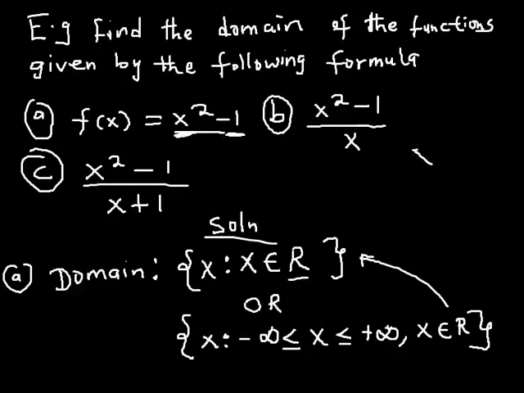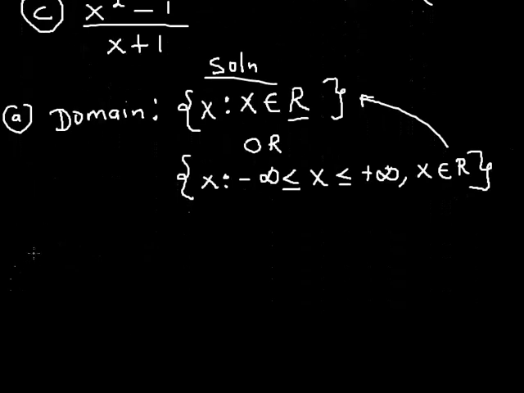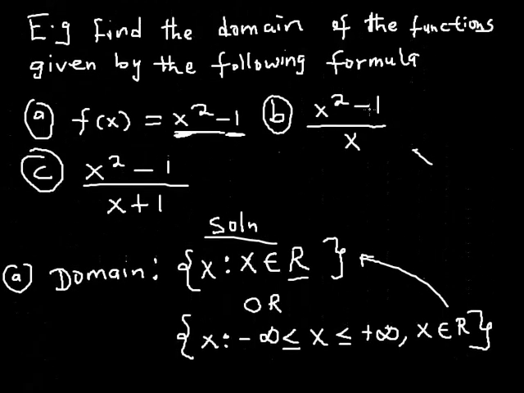But let's look at the case of B. Now the question is, are all real numbers permissible here? If I put all real numbers into this expression, will it give me a real number as an image? No. You know very well that this is a fraction. Anytime the denominator of a fraction is equal to 0, then the value of that fraction becomes undefined.